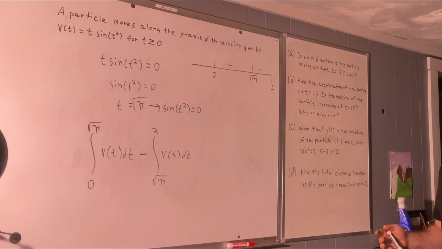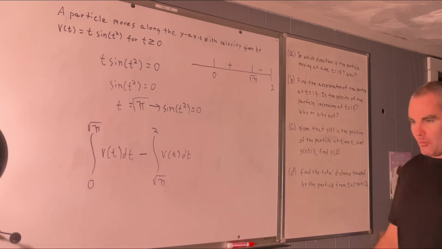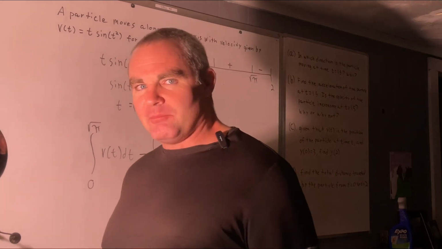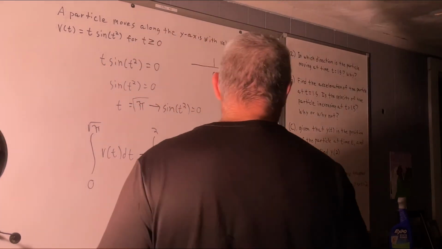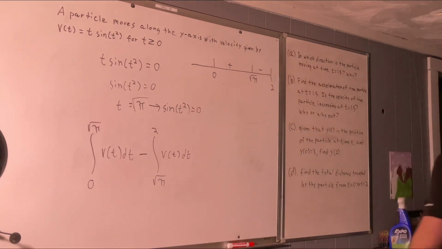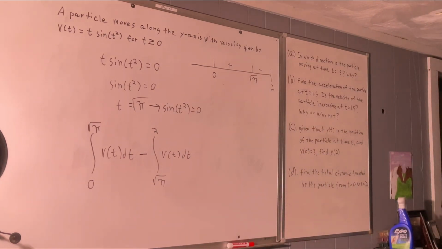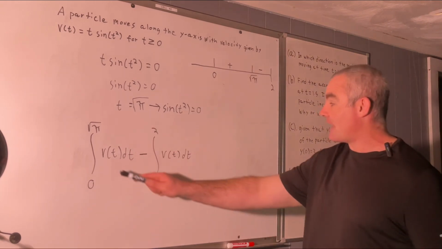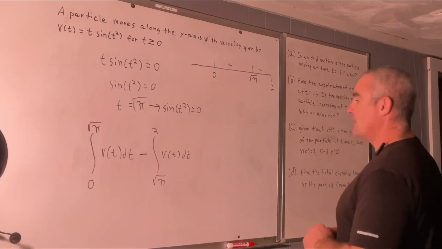Because, for instance, if we're integrating me walking from here to here, we'll count that as positive movement. This actually, integrating from here to here, actually counts as negative. It would result in a negative value, but we need to count it as positive. So this would actually give you the correct result.